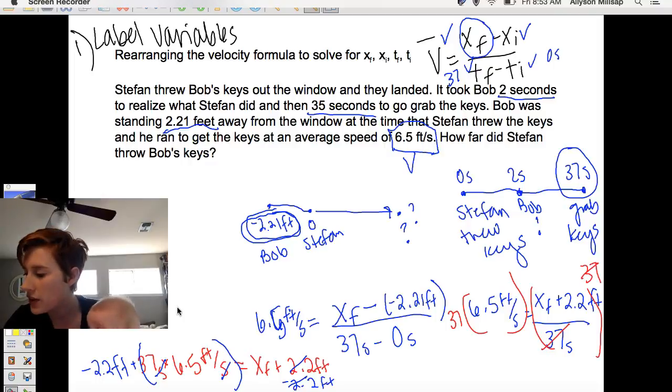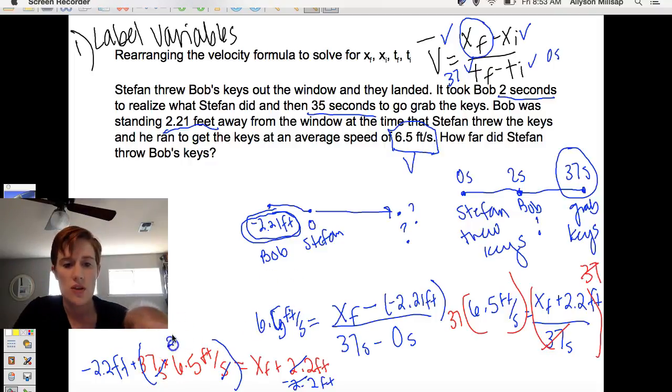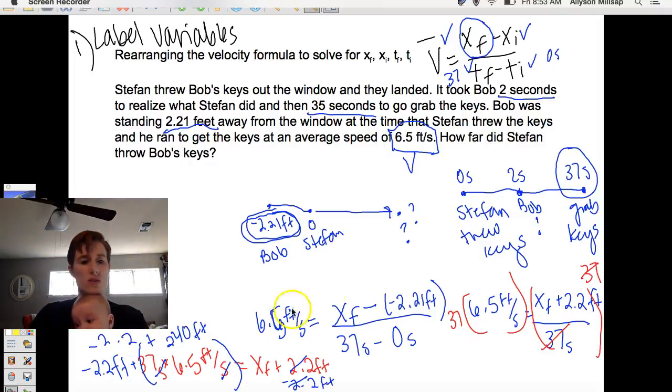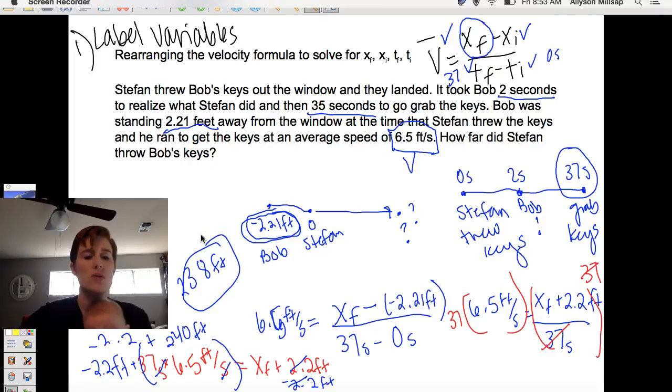So we're going to have 37 times 6.5, so this is 240 feet. Okay, and then I'm adding it to negative 2.2, which comes out to 238 feet. So he ran 238 feet to get to his keys.